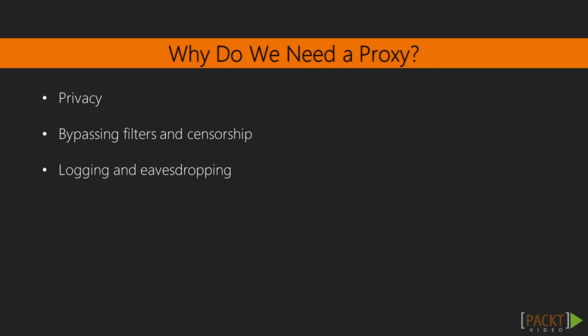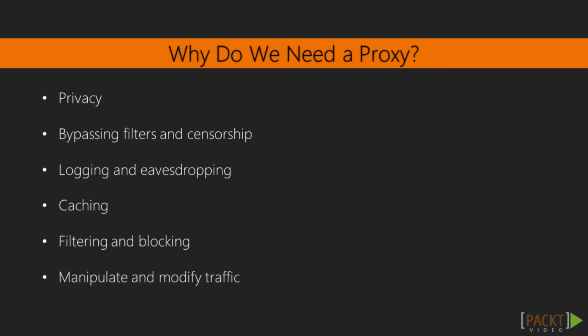Many companies implement proxies in order to log what employees are browsing and to eavesdrop on their communications. Caching. Other companies use proxies in order to cache content and speed up communications. Filtering and blocking. Also, companies directly want to block and limit what services an employee could visit.